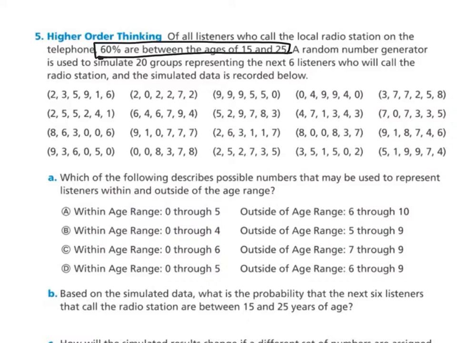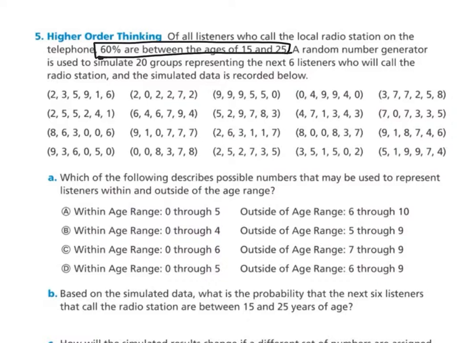The easiest way would probably be to come up with 10 numbers. 60% is how many out of 10? 6 out of 10. So if we can get 6 out of 10 within the age group, 4 out of 10 outside the age group, that's what we want.